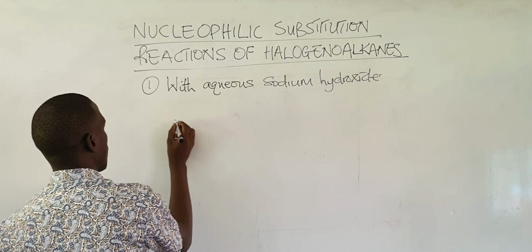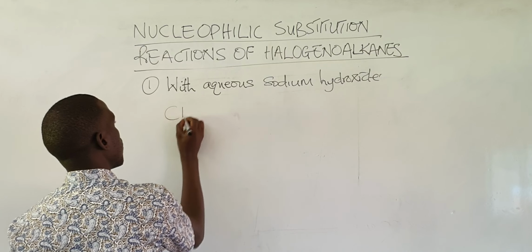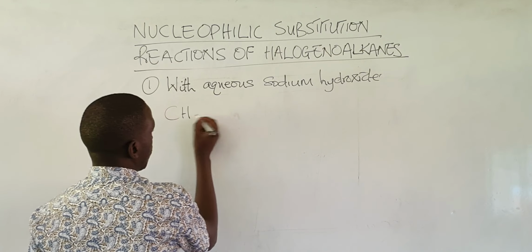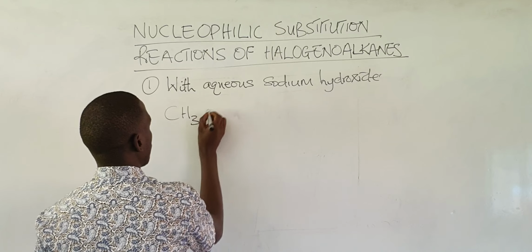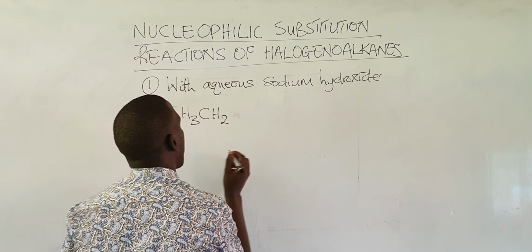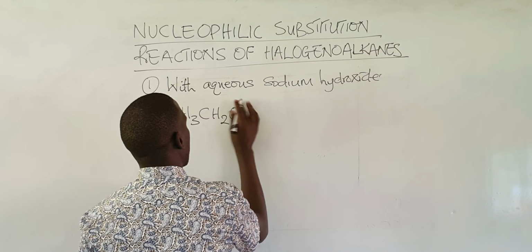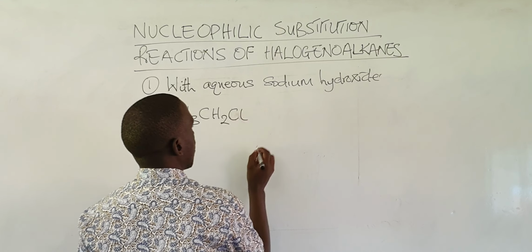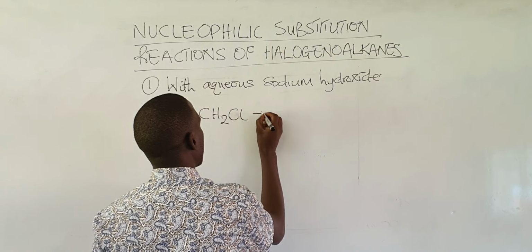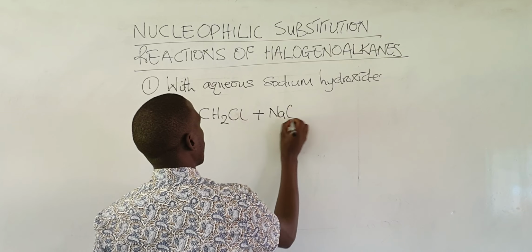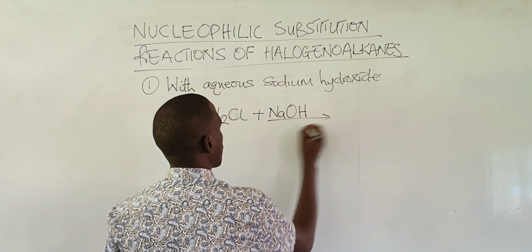Take for example chloroethane, CH3CH2Cl, and then you heat with sodium hydroxide.